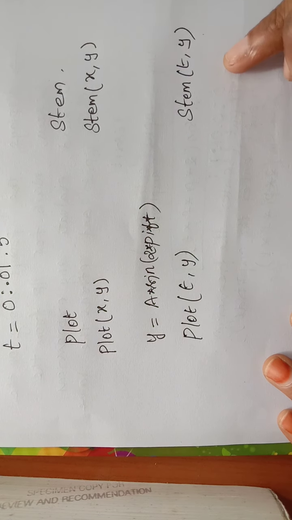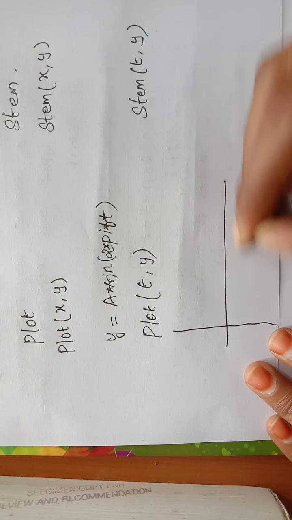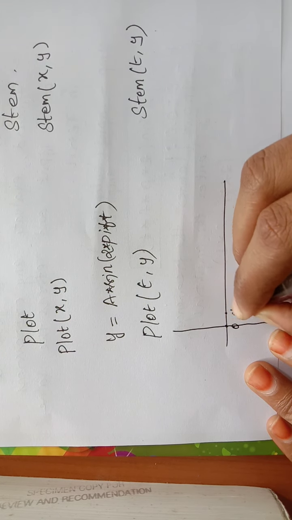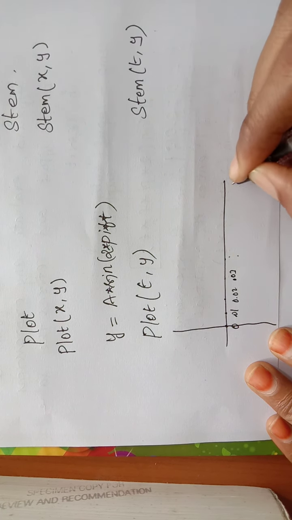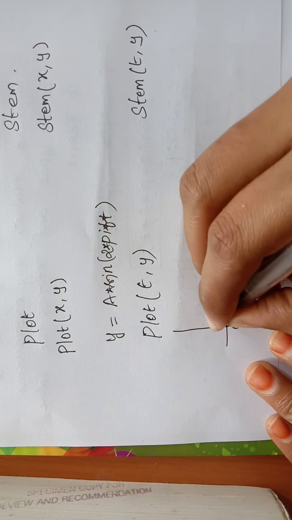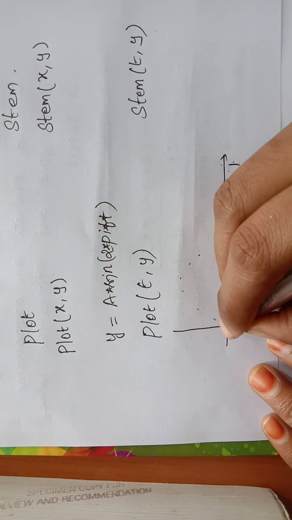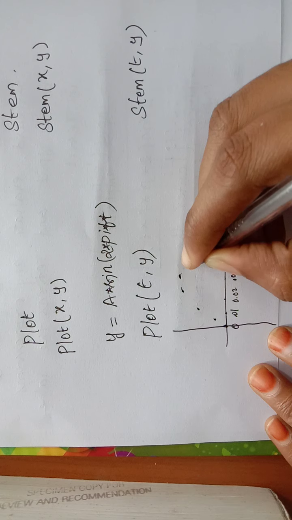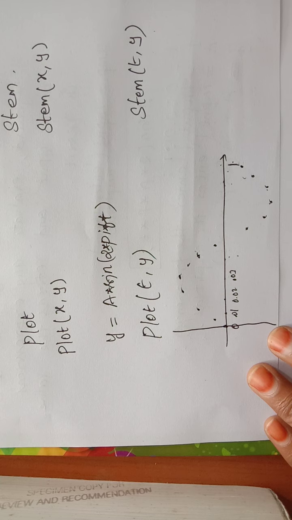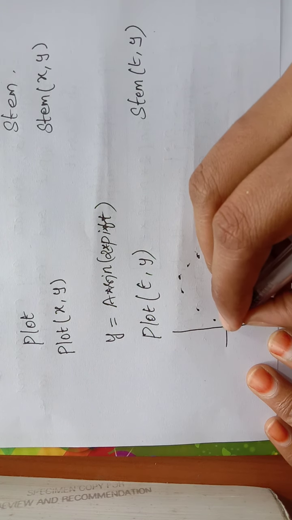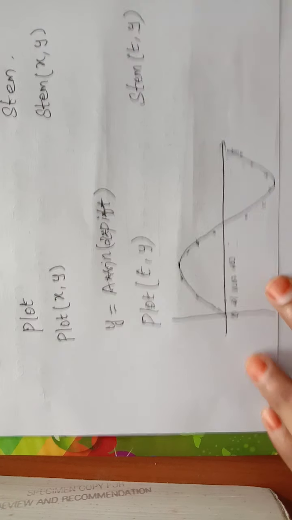Okay, so what's the difference between plot and stem? Suppose we have different values of t: 0.01, 0.02, 0.03, like that, so many values up to 1. Now a sine waveform you get like this. Consider, for example, these are all the sample values you have generated by assigning various values. In the plot case, these values are joined and you will get a waveform like this.